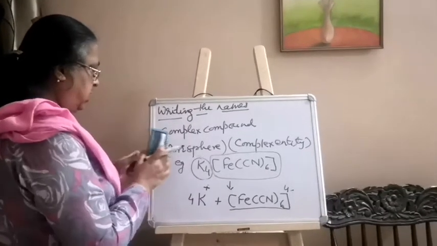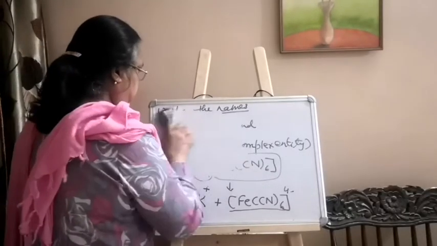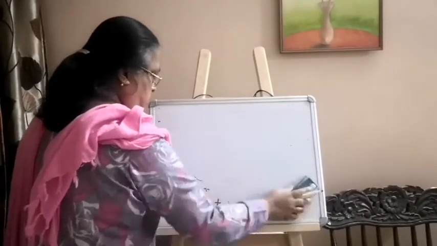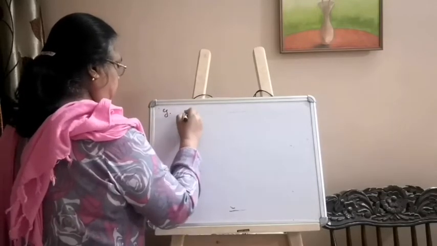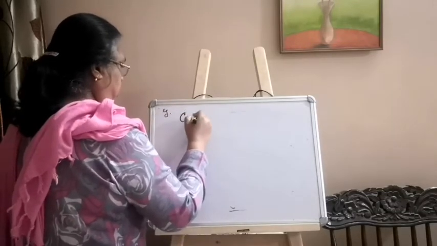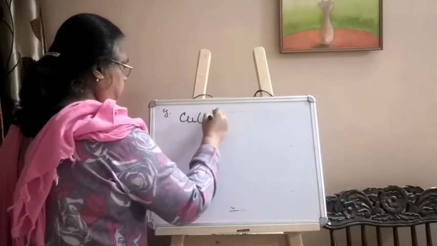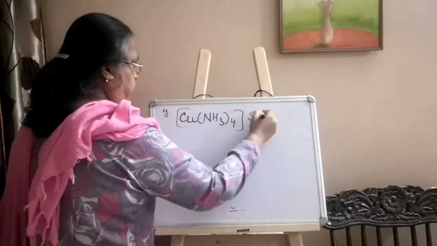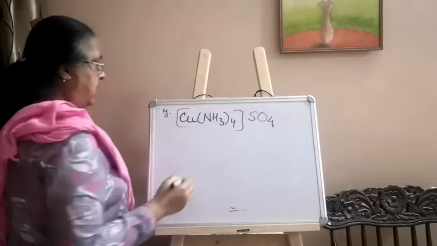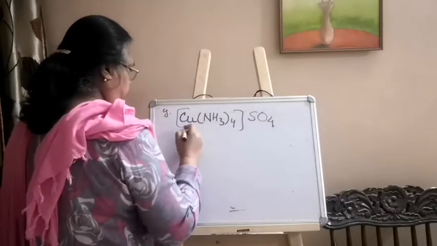Now take another example, as we took earlier, [Cu(NH3)4]SO4. In this case, this is the complex entity.